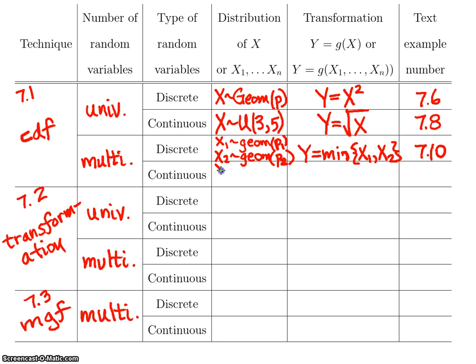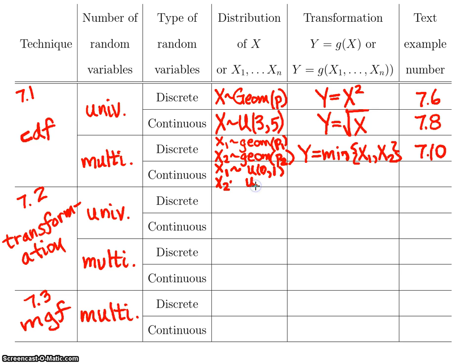At this point, we're going to let X1 be a uniform 0, 1 random variable, and let X2 also be a uniform 0, 1 random variable.